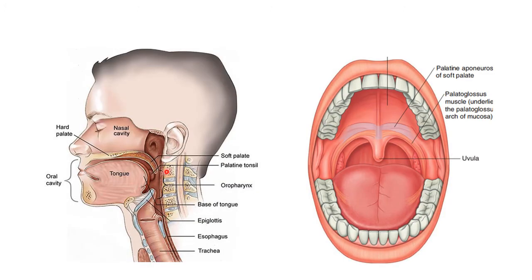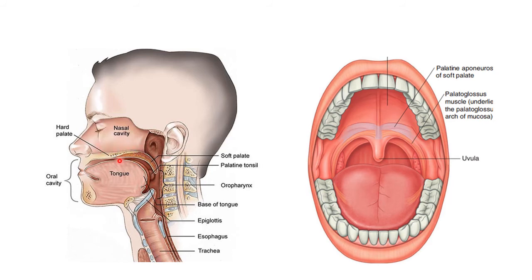Now we will discuss the soft palate. The soft palate has an anterior or oral surface which is concave and is marked by a midline raphe, and a posterior surface which is convex and is continuous with the floor of the nasal cavity.